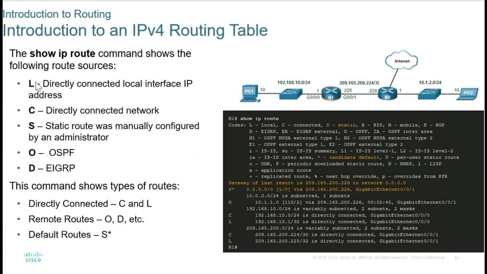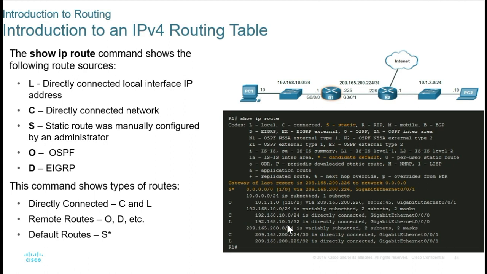So L and C, they come together. Kalau interface ini up, dia akan ada dua entry, satu L untuk interface ini dan C untuk network. Okay. So contoh ni lah C dan L untuk network 192.168.10, network dia adalah 10.0, link dia adalah 10.1.